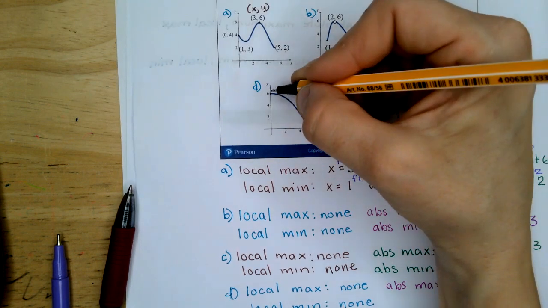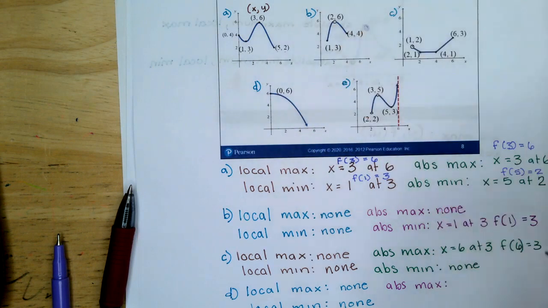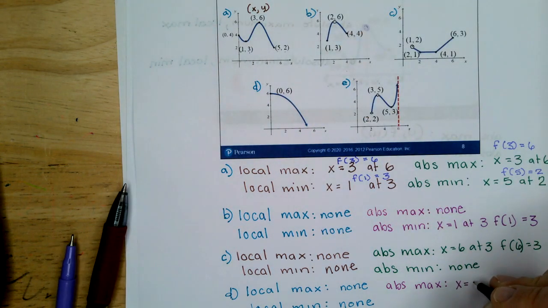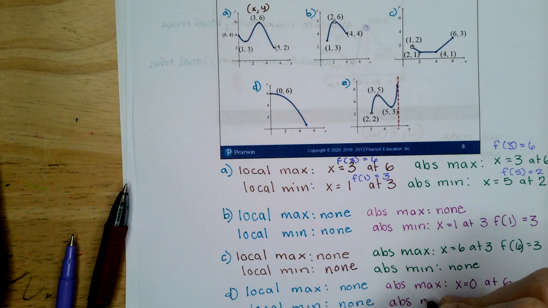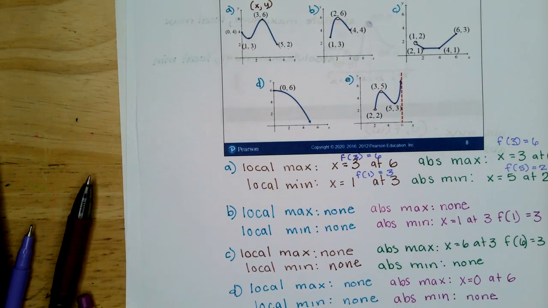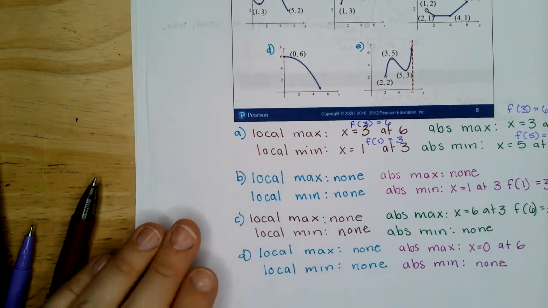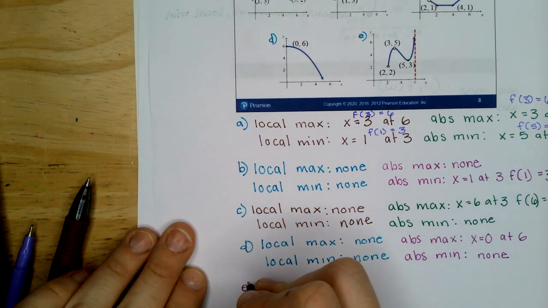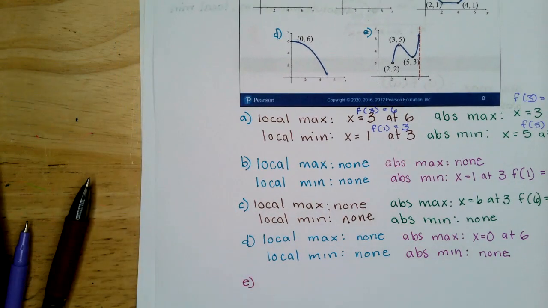So it's never going to get higher than 0, 6. So we're going to say absolute max is x equals 0 at 6. Okay, that would be f of 0 equals 6. And then absolute minimum, none. It goes down forever. It doesn't mean you need to use infinity. It's just there is no absolute minimum. Oh, I was keeping the color scheme okay.